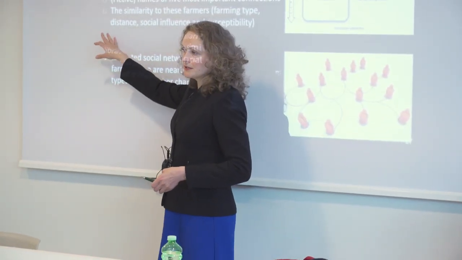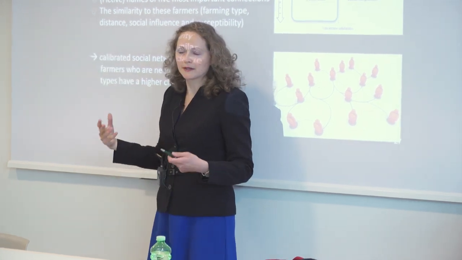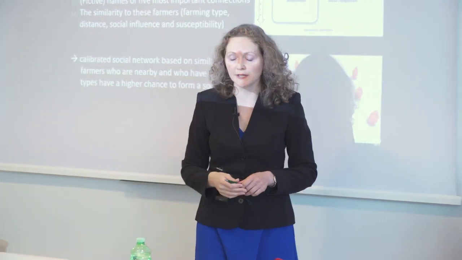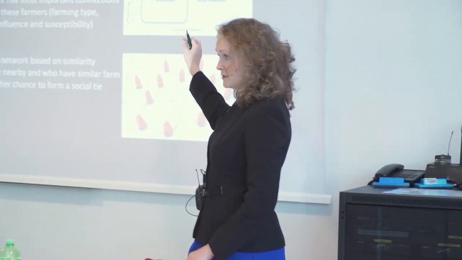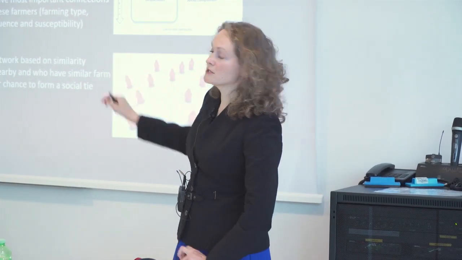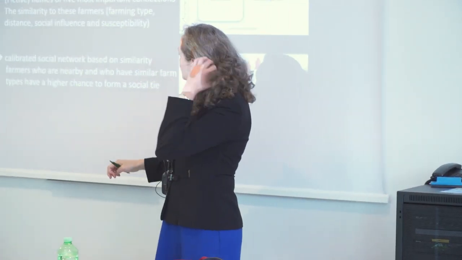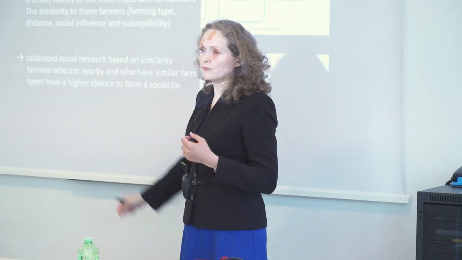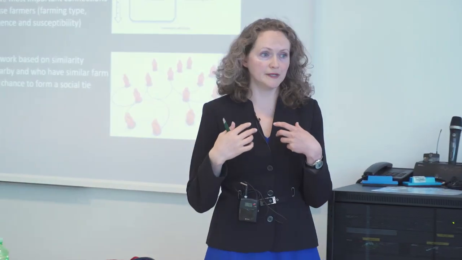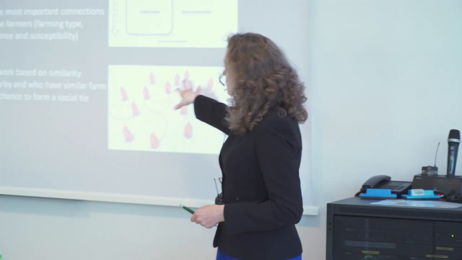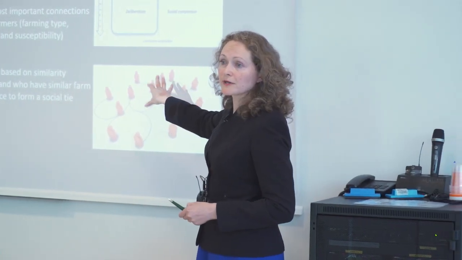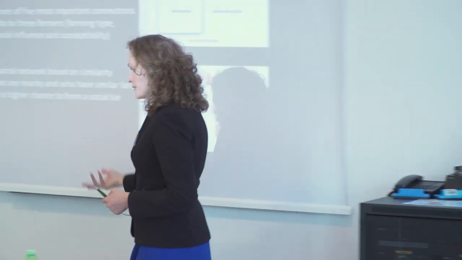There was a particular radius after which the influence on the drought adaptation discussion was no longer that high. And they differed in whether they were more innovators or more followers. Eventually we calibrated the social network in the model using this data, and then we ran it.